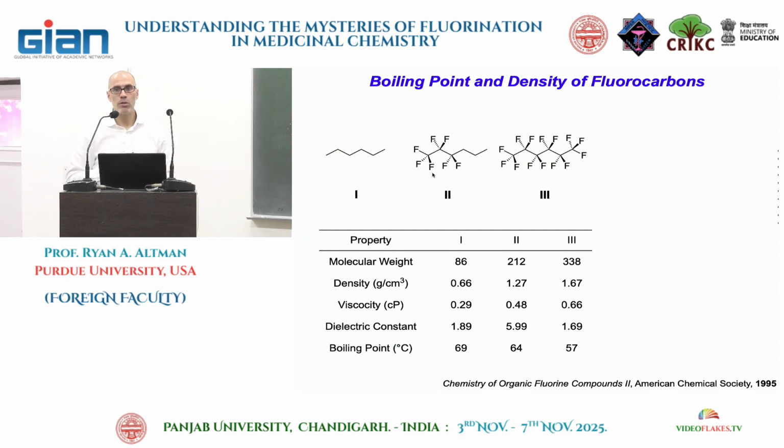So let's look at a couple of other properties here. Maybe the first property, I pointed it out already, but we can recognize it quantitatively on this side, is the density. For this comparison, we have our hexane, a partially fluorinated hexane, so 111, 222, 33 fluorinated hexane, and then there's perfluorohexane over here.